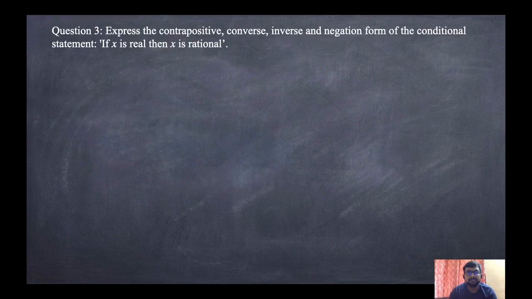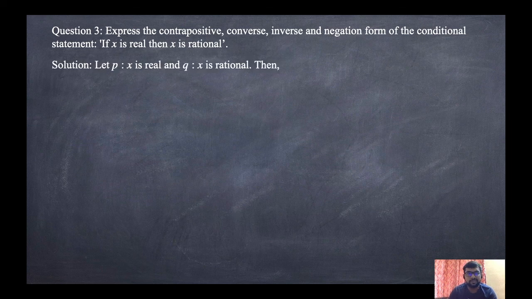Next, express the contrapositive, converse, inverse, and negation form of the given conditional statement. The statement is like this: if X is real, then X is rational. First, let us convert the statement into symbolic form, and then we will use all this.